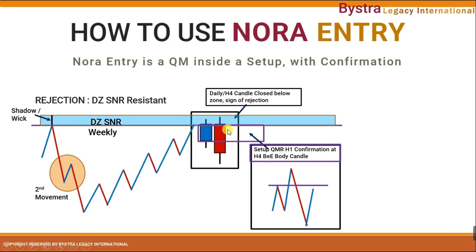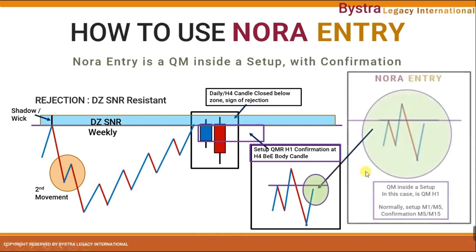So now, what is Nora Entry? Nora Entry is a QM inside this setup. In this case, this is a mini QM inside the QM setup here. This is the H1 time frame. Most probably this will be an M1 or M5 setup, so the confirmation will be a time frame higher.